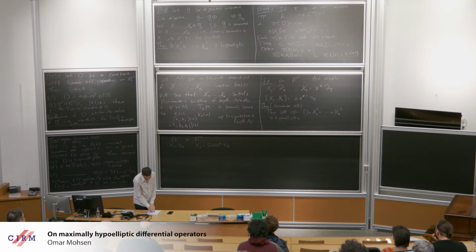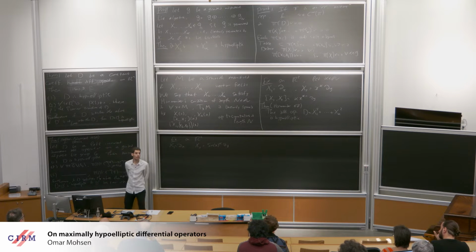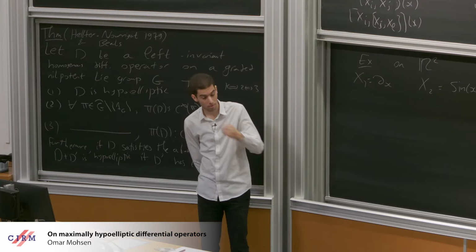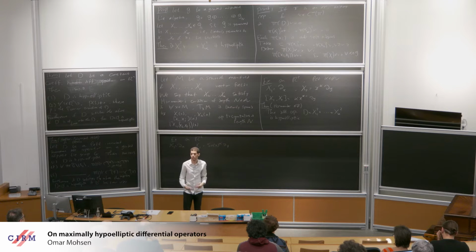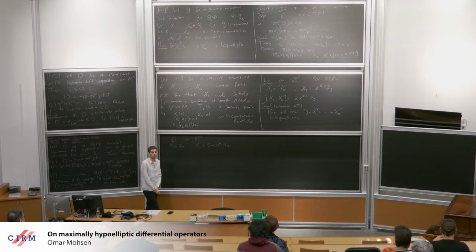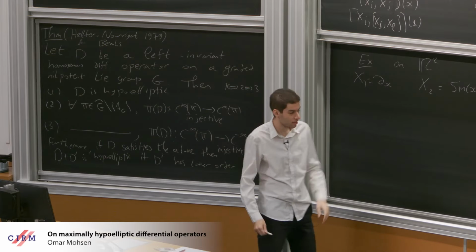Anyway, actually, this theorem by Hormander, as you see, this result by Helfer and Nourrigat is old, and this result by Hormander is older, came before the theorem by Helfer and Nourrigat. And the proof by Hormander, they don't generalize Hormander's proof.